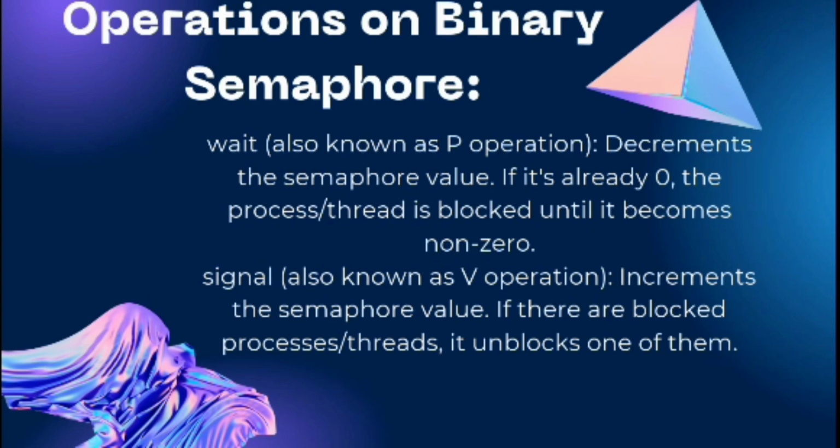And as binary semaphore consists of only two values which are 0 and 1, if the binary value is 1 and it goes through the wait operation, its value will become 0. If the value of binary semaphore is 0 and it goes through the signal method, its value will be incremented and turned into 1.